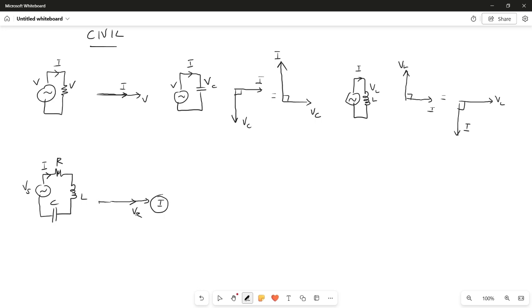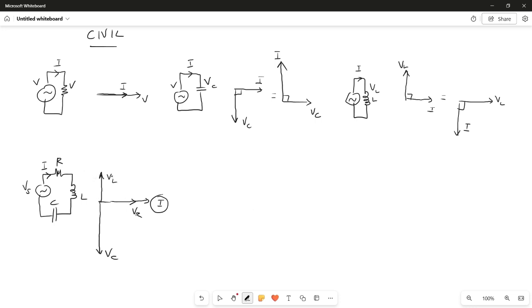So I will just draw it like this. Okay, so this is my VC, and my VL, if this is the current, my VL is upwards. So I'll just say about this much. You have to do the actual calculation, but this is just to show you an example.